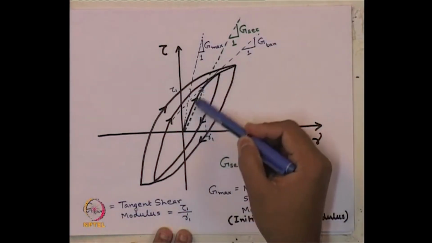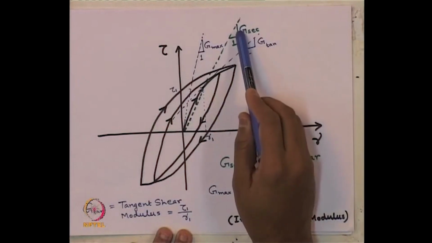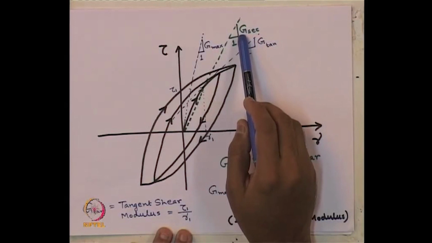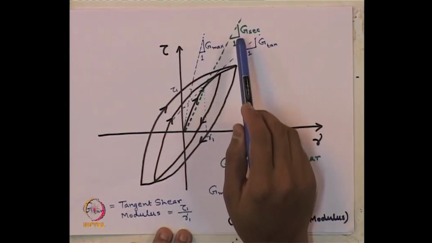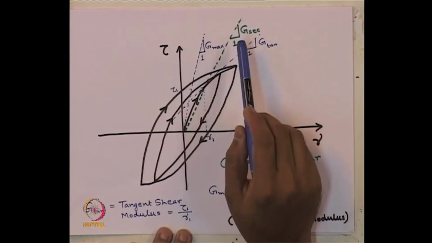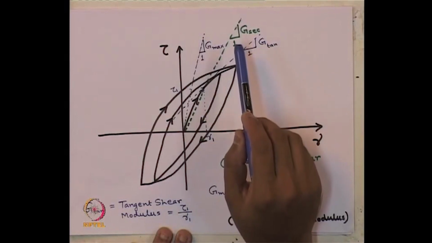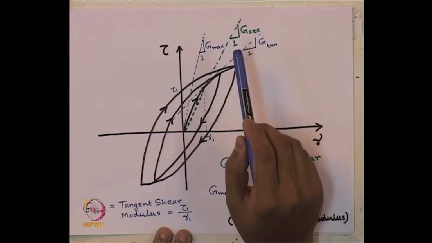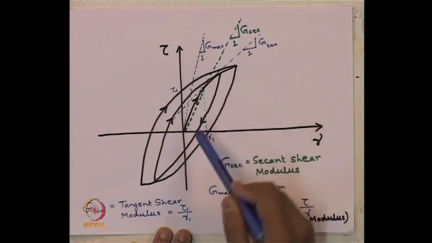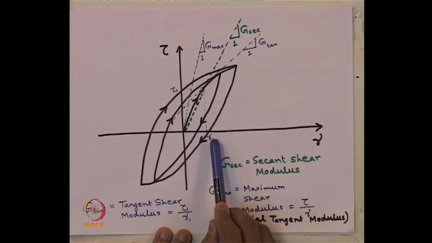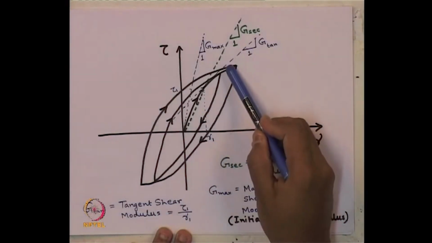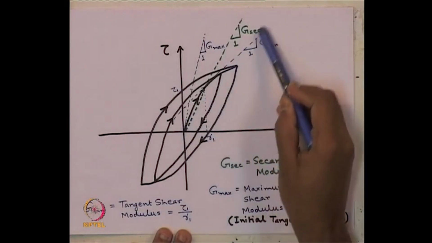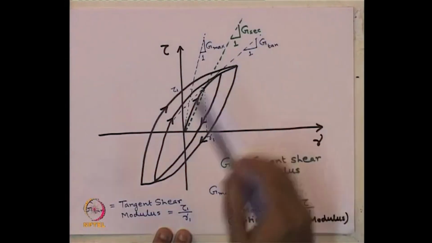By joining them linearly, we get the slope of the curve as the secant shear modulus. Note that the secant shear modulus for a soil sample is again not a constant value, but keeps changing depending on your final shear strain level. Suppose we join this point and this point, obviously the slope of the secant modulus will change.